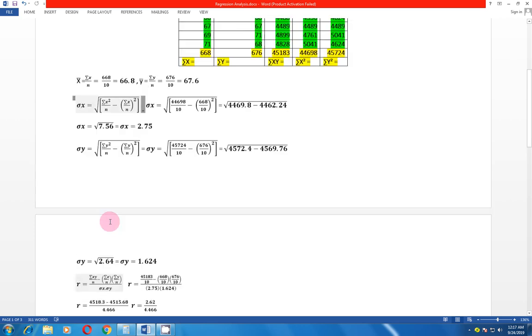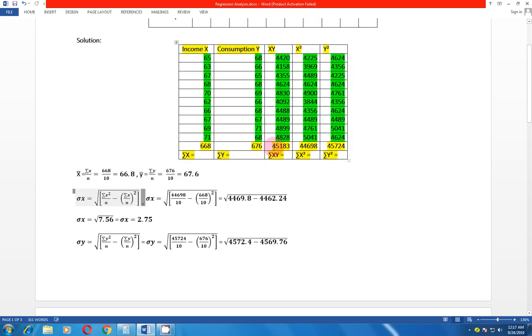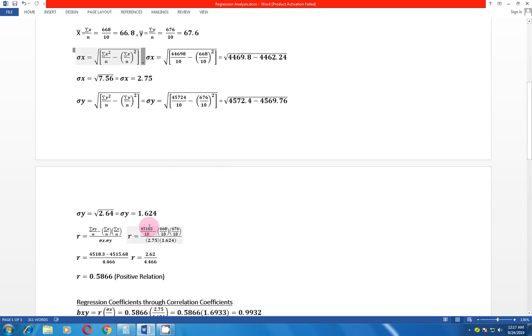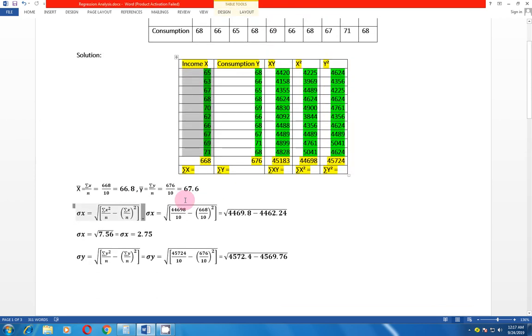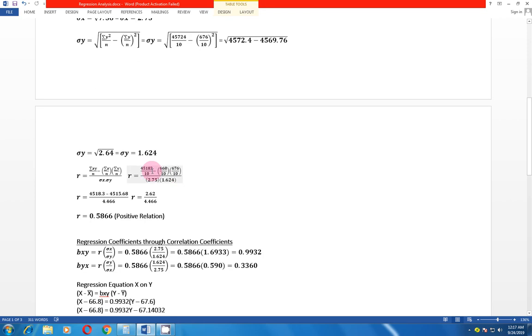So sum of xy is 45183 divided by 10, where 10 is the count. There are 10 values. Sum of x divided by n is always the mean of the x variable, and sum of y over n is the mean of the y variable.